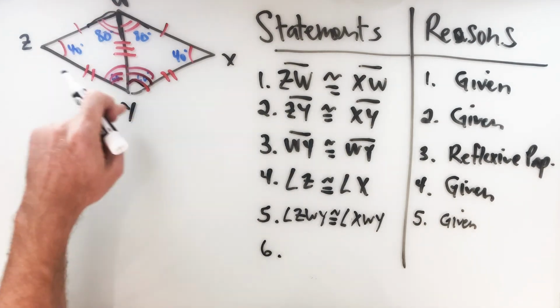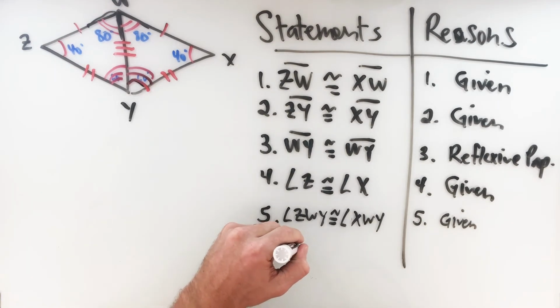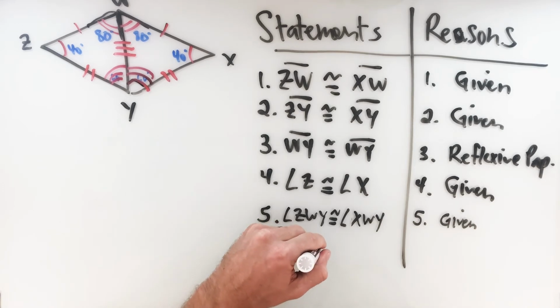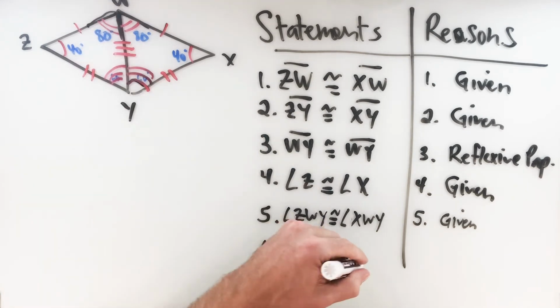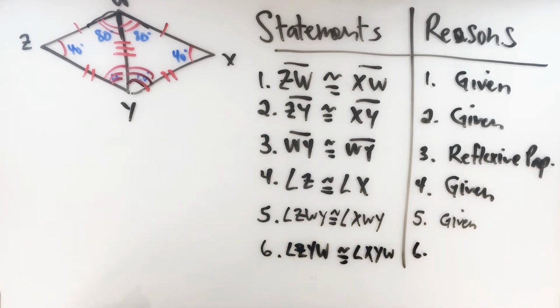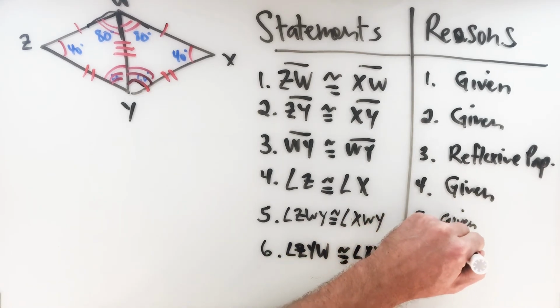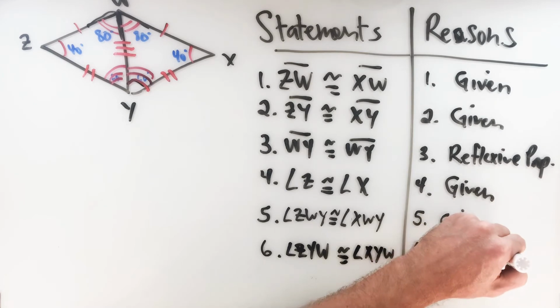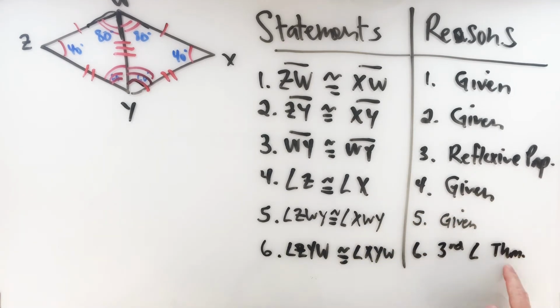So we'll say angle ZYW, this angle here on the bottom left, is congruent to angle XYW. And the reason, we're going to call that the third angle theorem. I'm going to abbreviate a little bit. Third angle theorem here.